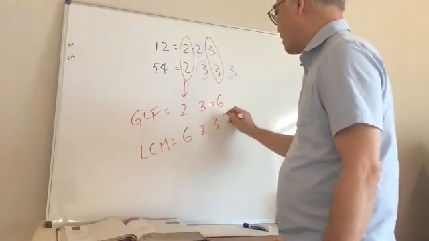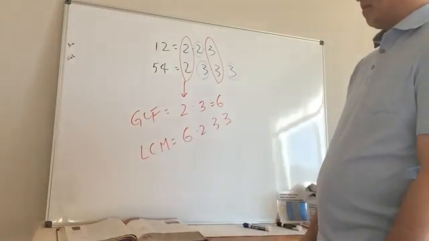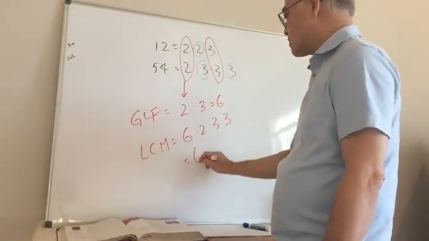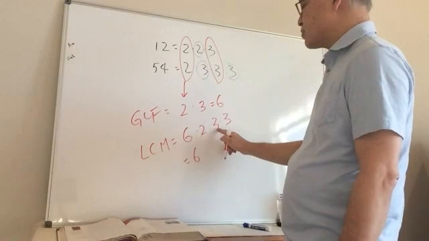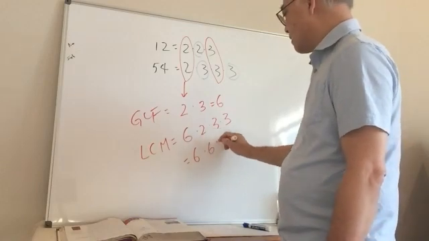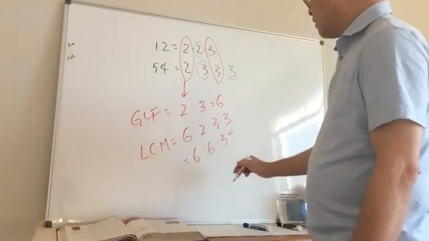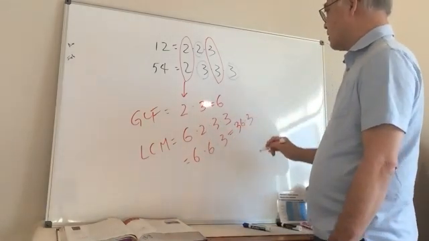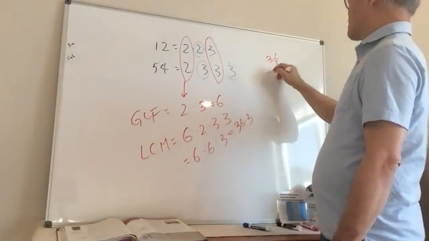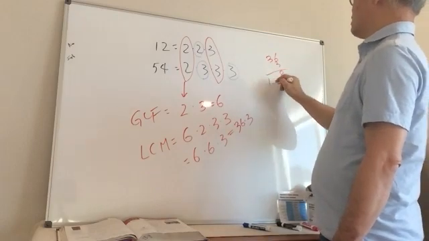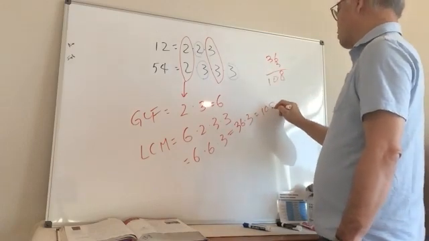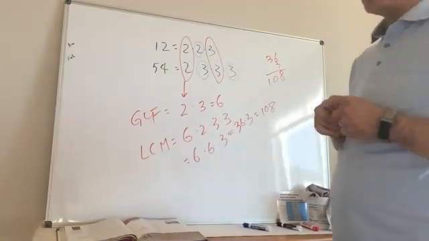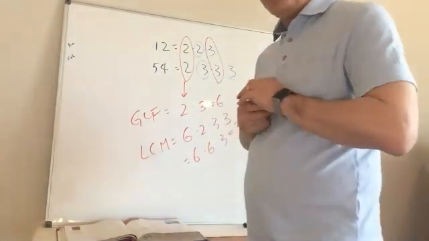Okay? So I have 6 times 2 times 3 is 6 times 6. So 6 times 6 is 36 times 3. 36 times 3 is 108. So the answer is 108. 108 is my least common multiple.